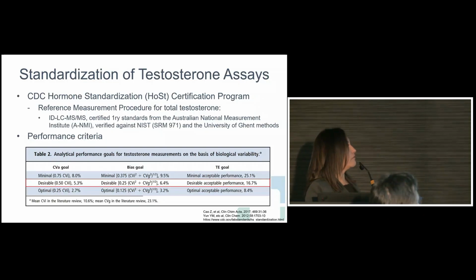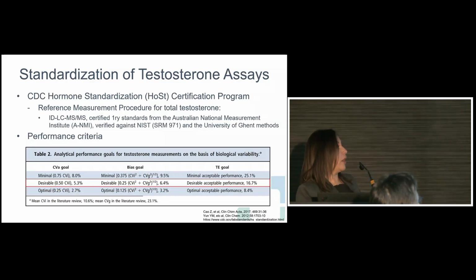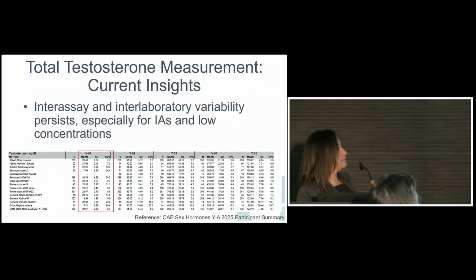So now we have a reference method procedure to anchor on, and a program that would be available for laboratories, as well as standardized performance criteria to assess how good or how accurate or precise your assay is.